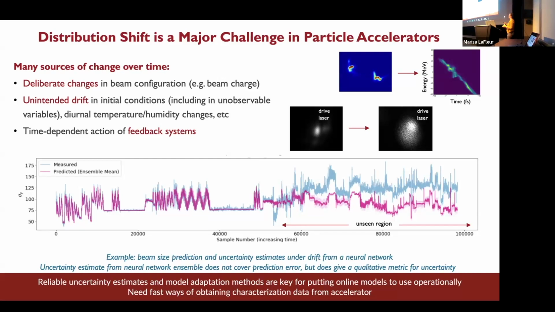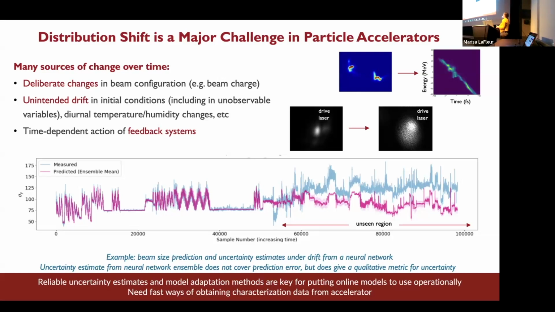And now you have a model that predicts some correlation with the ground truth, but ultimately has quite a lot of error in it. And in this case, even though we were using some uncertainty quantification methods, the relative error is higher, but it doesn't cover the absolute error.